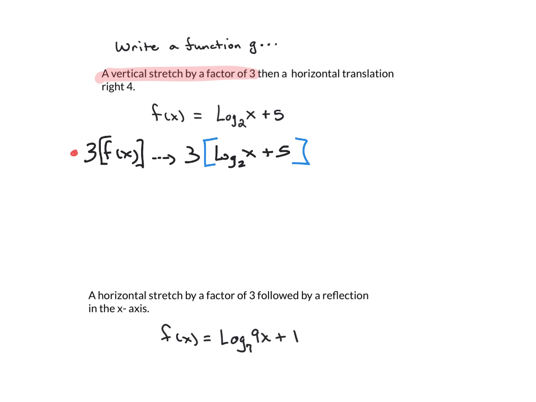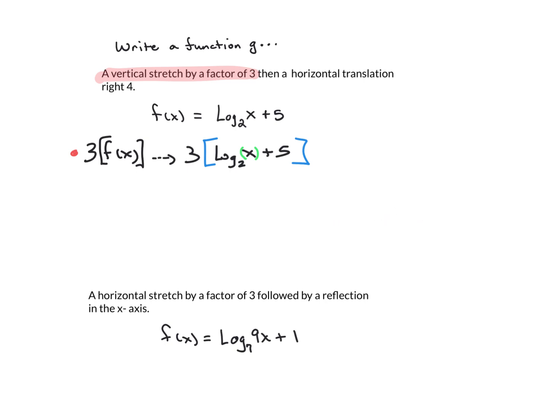So the x part, if it doesn't have a parentheses, it's assumed that only the x is part of the log. If I wanted the x plus 5 to be part of the actual log, the inside of the log, I'd have to put that in parentheses. Otherwise, it's assumed it's outside the log.